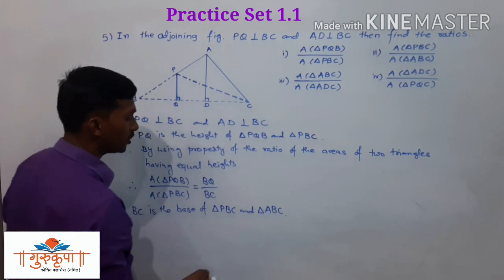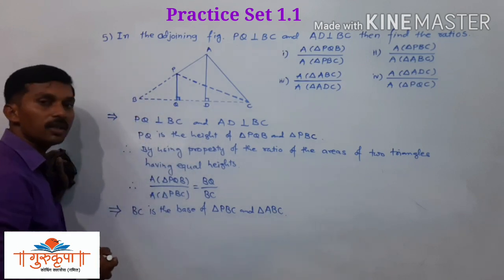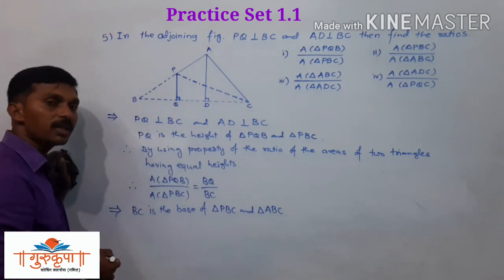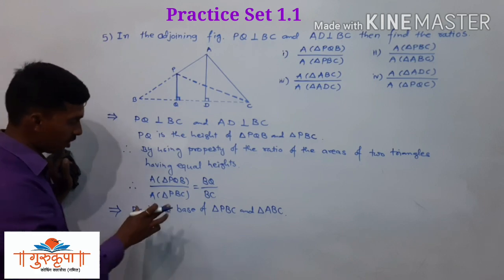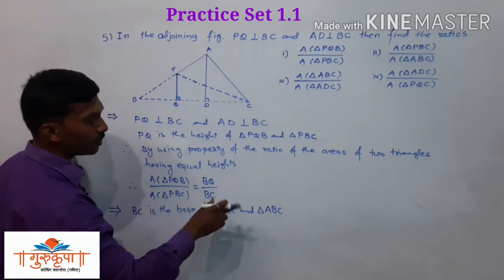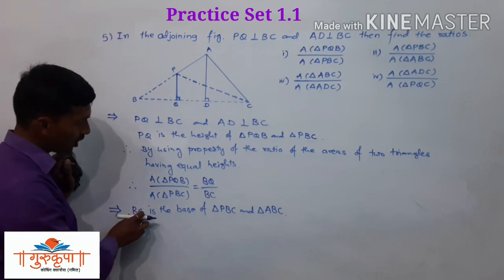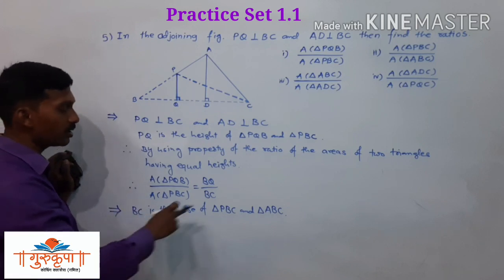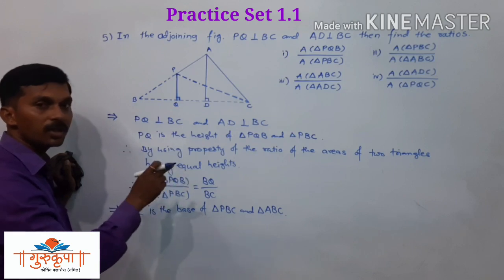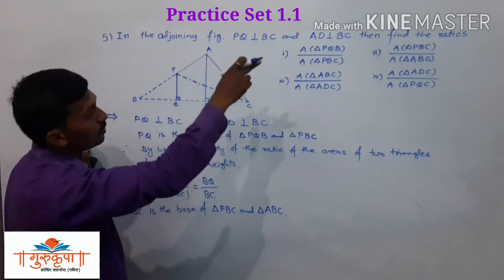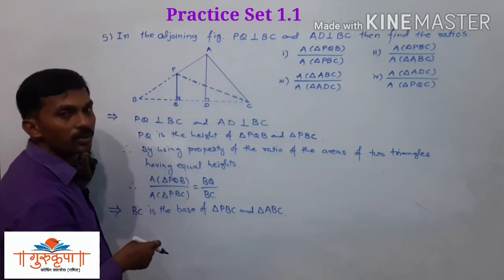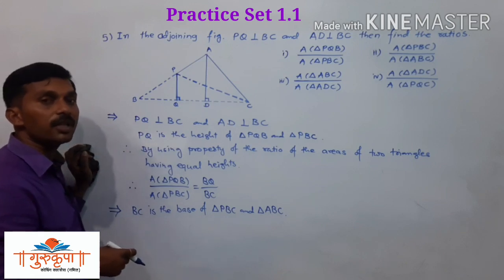It means that both the triangles have equal bases, or you can say common bases. The same segment is the base of both triangles, PBC and ABC, and that segment is BC. Since the base is common, the ratio of the areas of these two triangles is equal to the ratio of their corresponding heights.